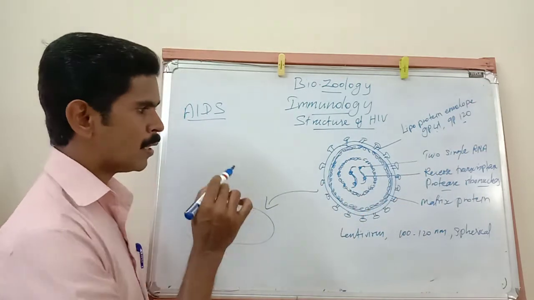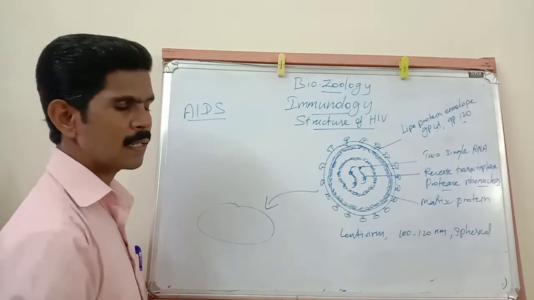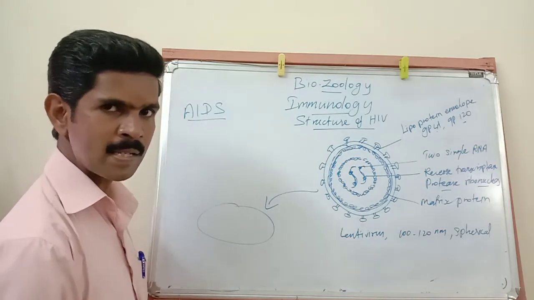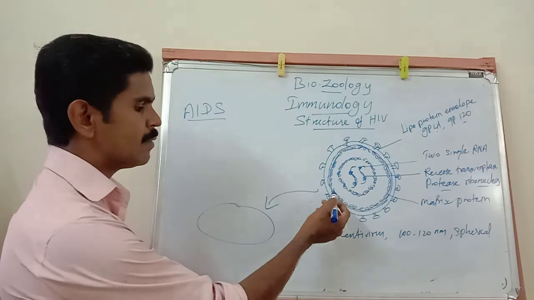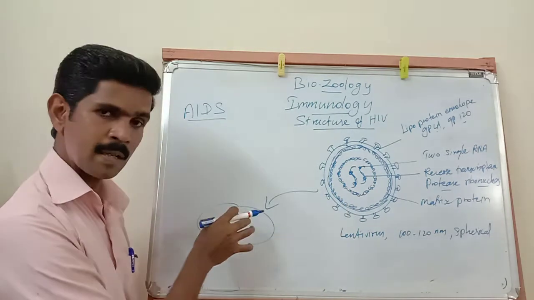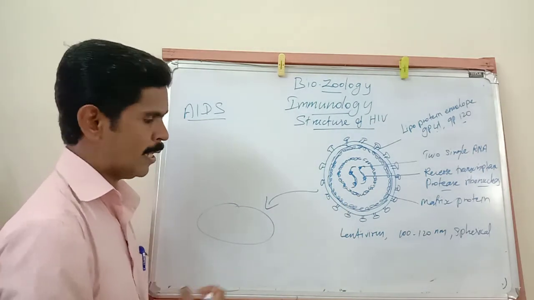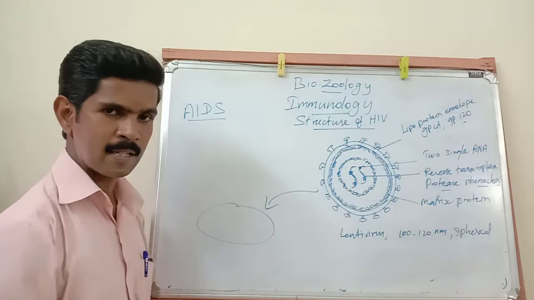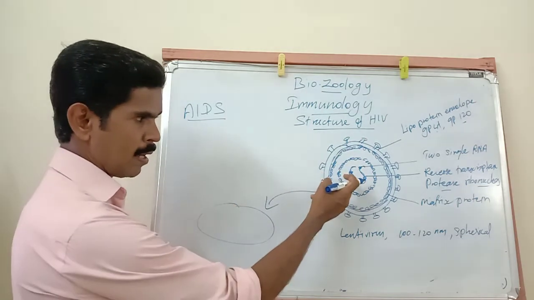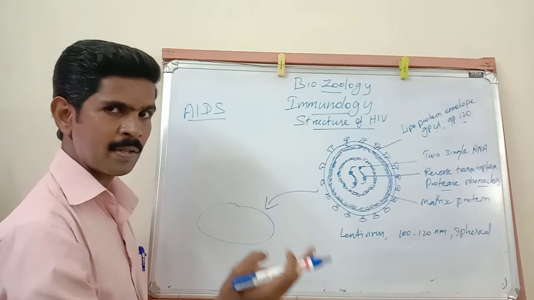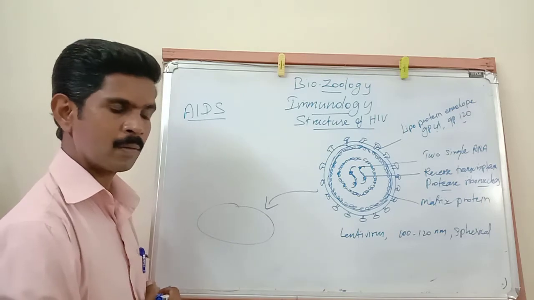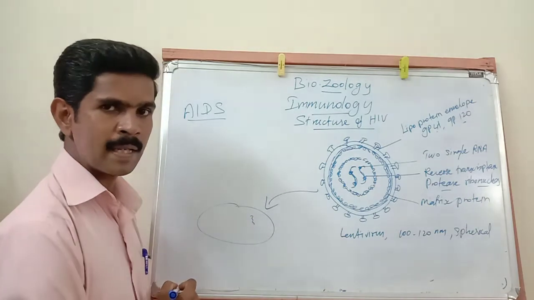Already I told you, one enzyme is attached inside the virus, and the name of the enzyme is reverse transcriptase. The macrophage means our body cell. So the RNA of this HIV virus is converted into DNA.